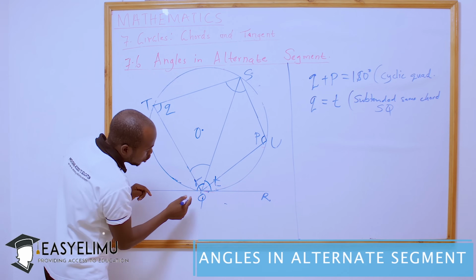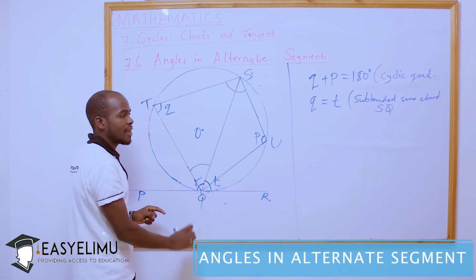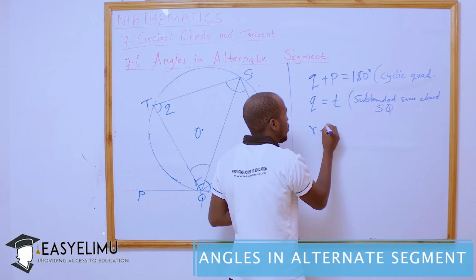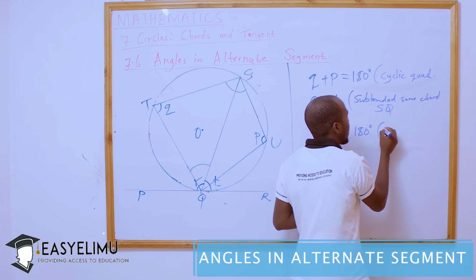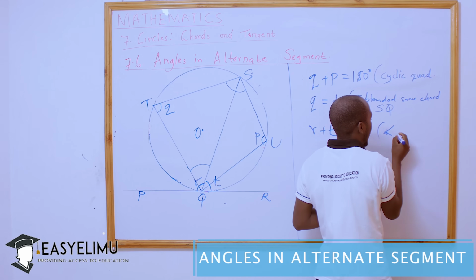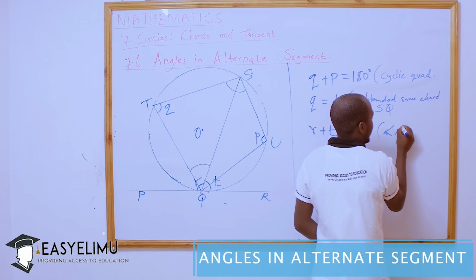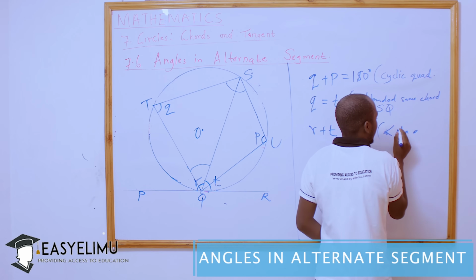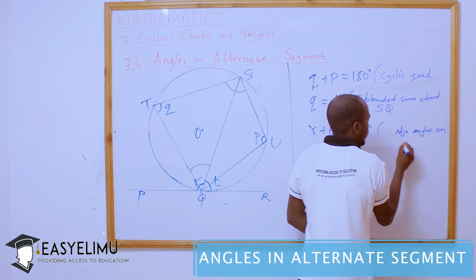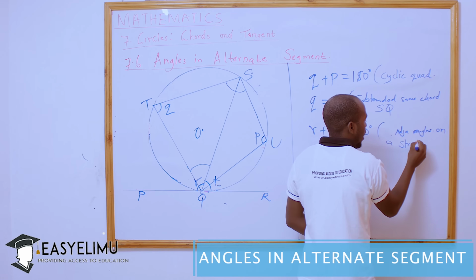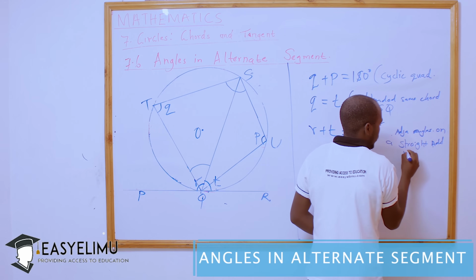From there we can also note that on this tangent we have R and T as the angles at that point. So if we take R plus T, we shall get 180 degrees, and we know these are adjacent angles on a straight line. Adjacent angles on a straight line add up to 180 degrees.